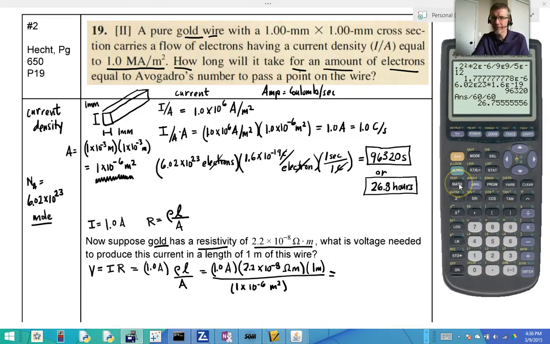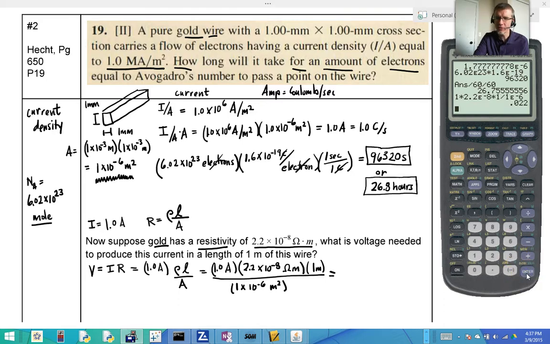I've got 1 amp times 2.2 times 10 to the minus 8 ohm meters times 1 meter length of the wire divided by 1 times 10 to the minus 6 meter squared.